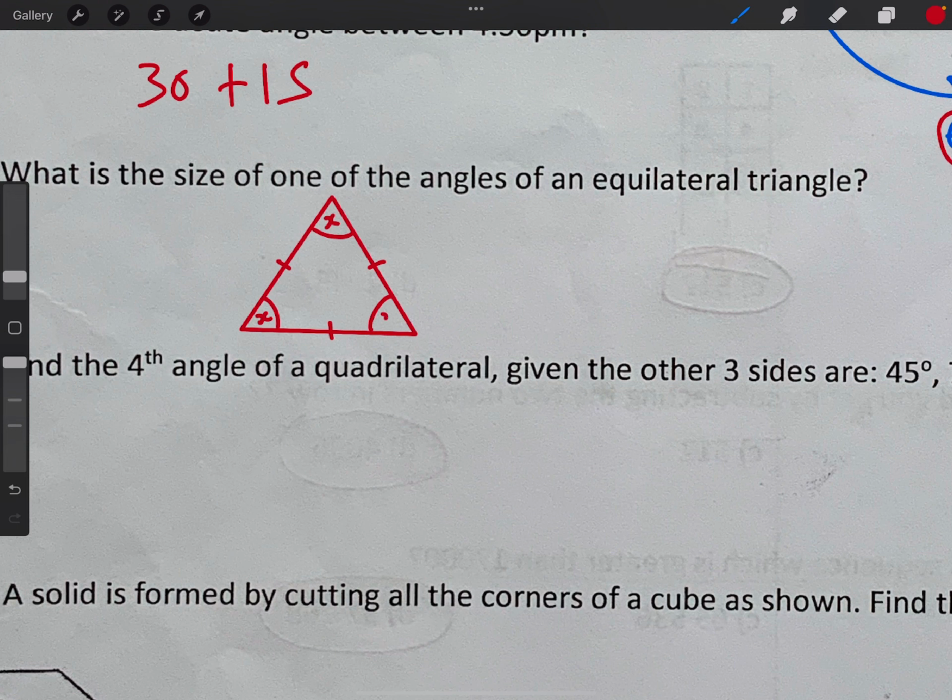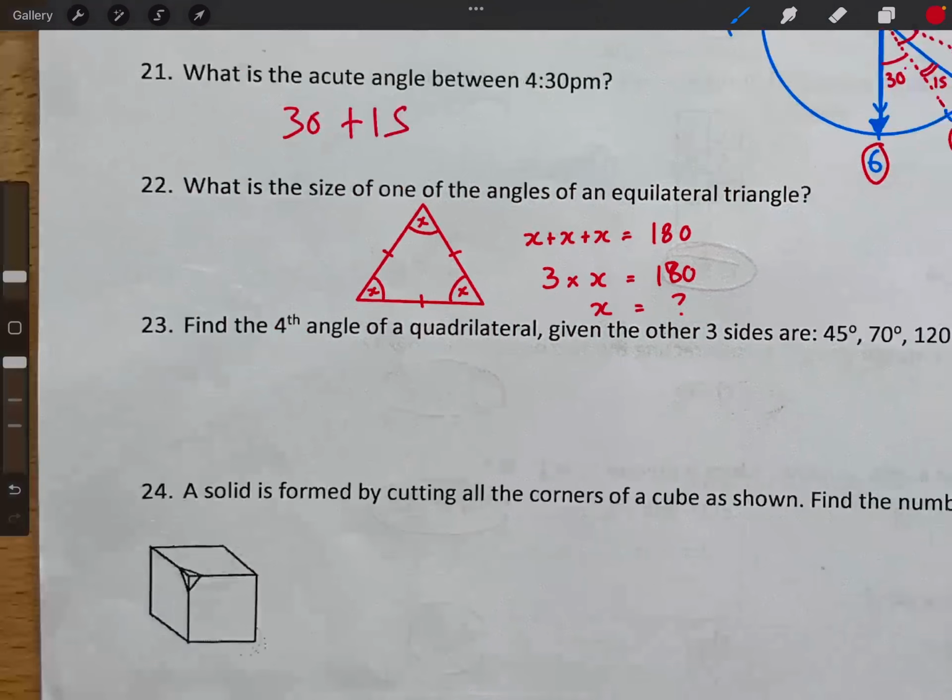This will be x, this will be x. So x plus x plus x is equal to 180. So we could say 3 times x is equal to 180. So what's x? 3 times what is 180? You figure it out there.